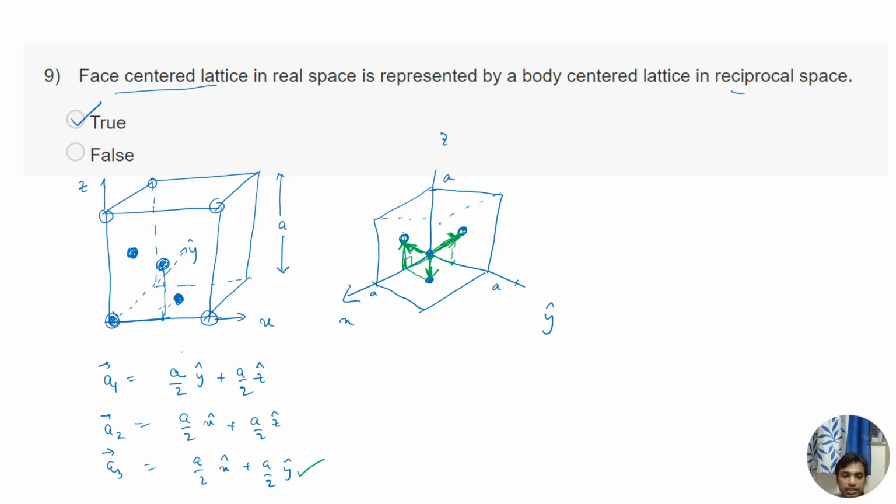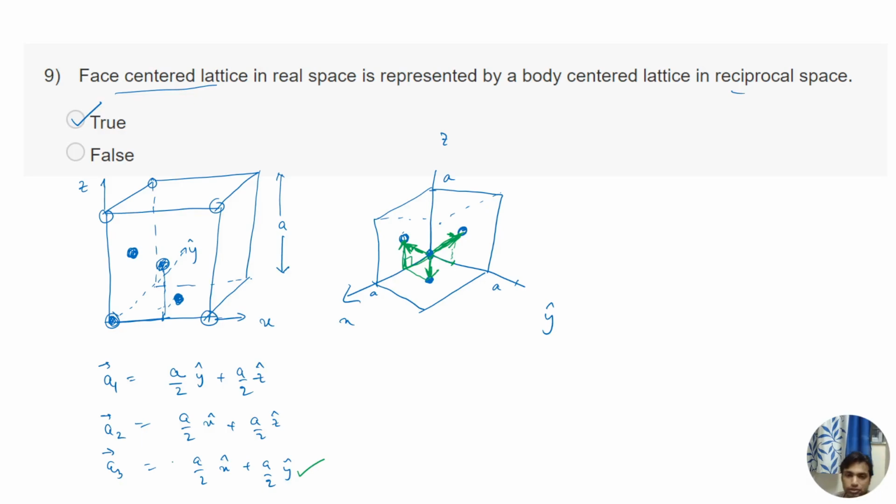These are your three, a1, a2 and a3. Are you able to follow?